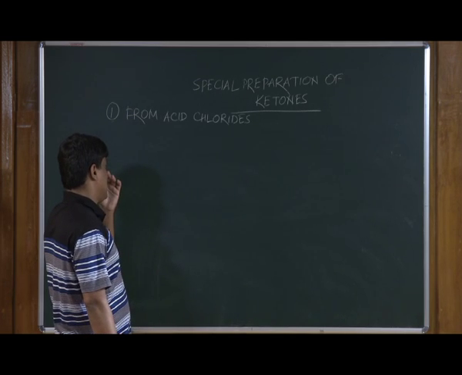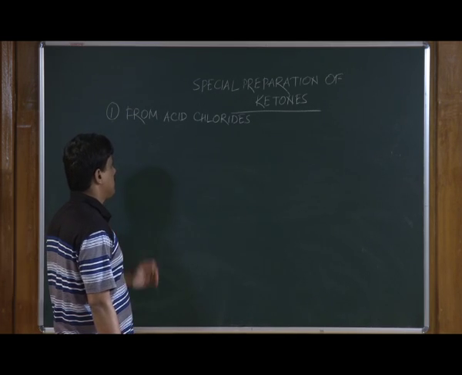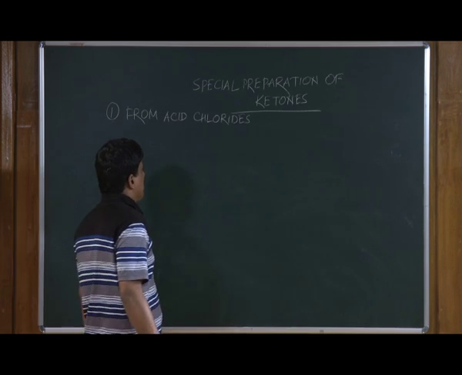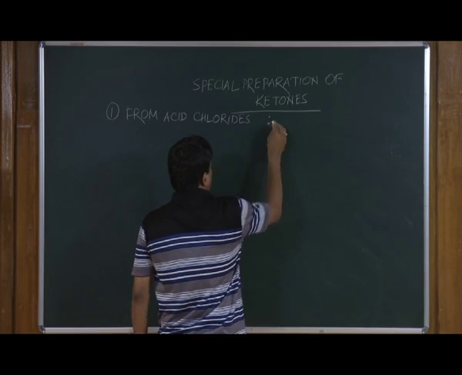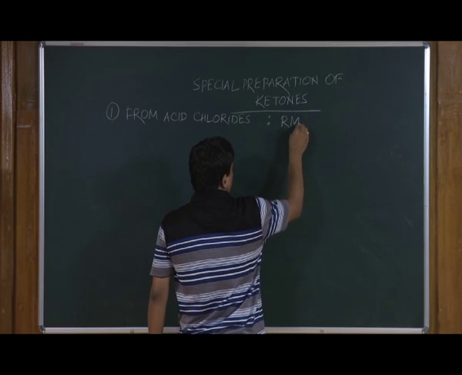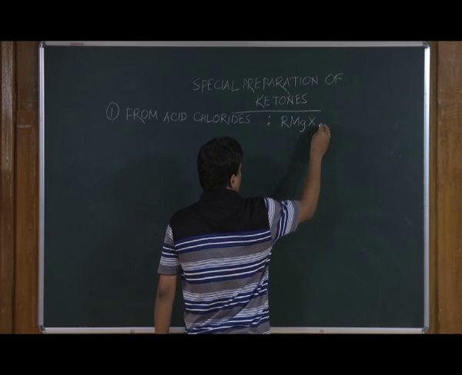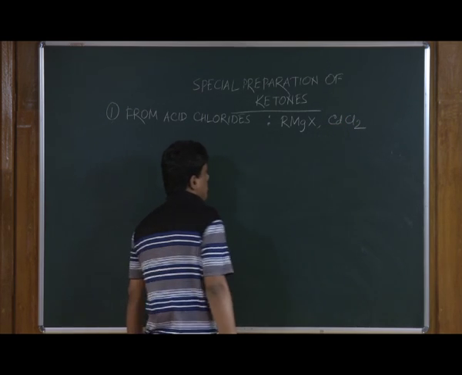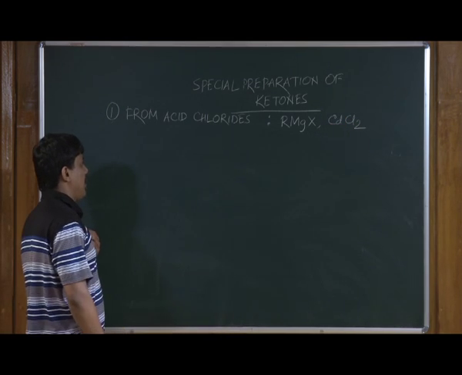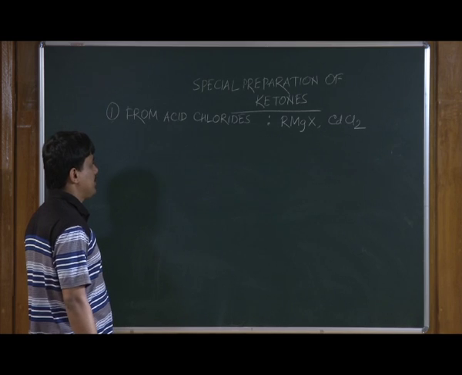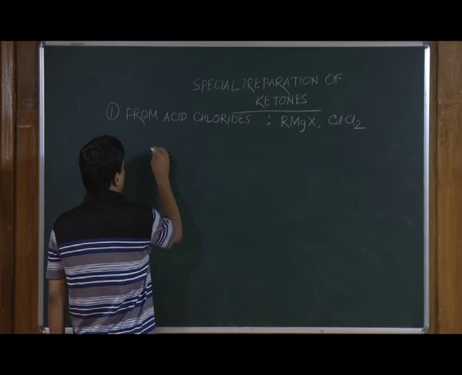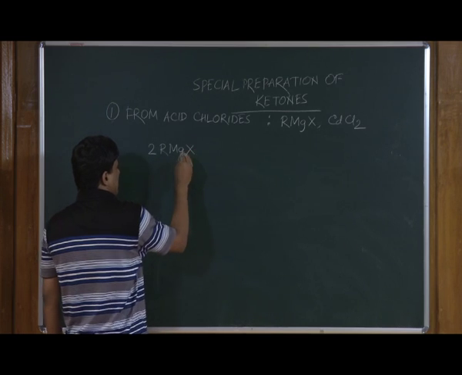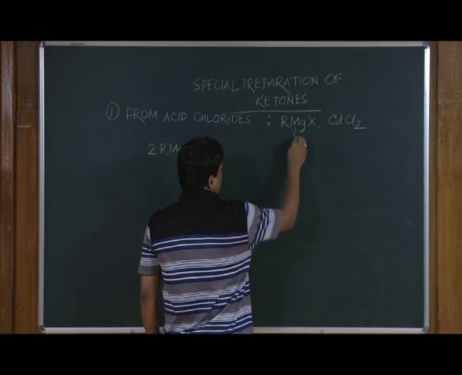Here we will see that acid chloride will be used for the synthesis of ketones, and here Grignard reagent is generally used, with cadmium chloride. So, R2 cadmium is the active species here. First step is 2 RMgX, this is Grignard reagent.